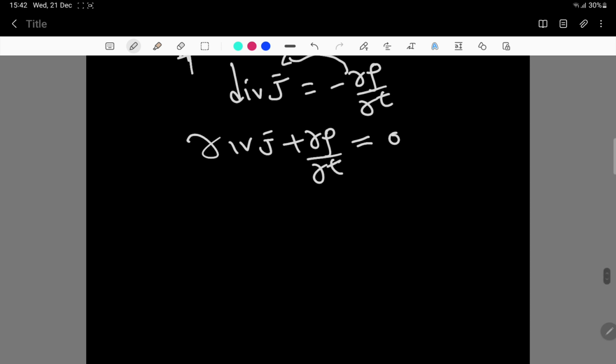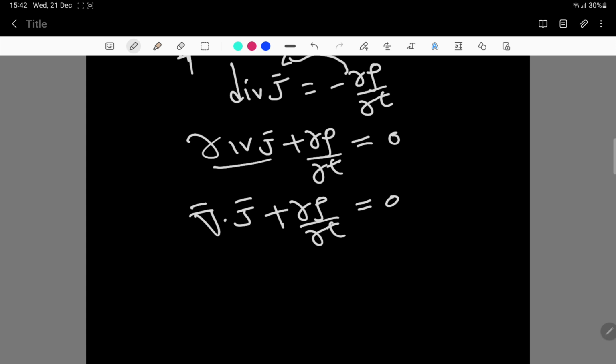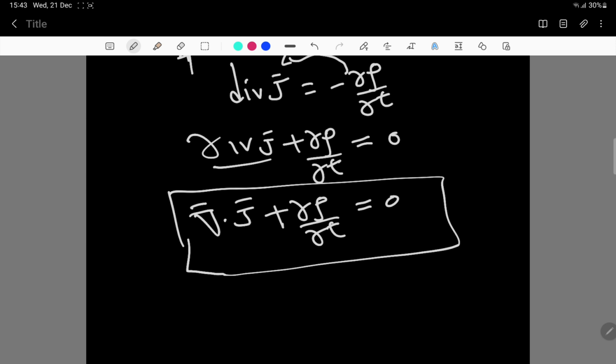Now, we know that divergence of J can also be written as del dot J plus partial rho partial t equals 0. This equation right here is the equation of continuity expressing the conservation of charge in differential form.